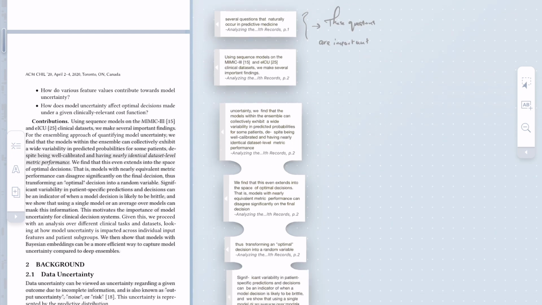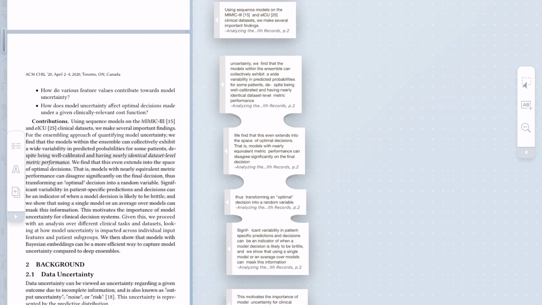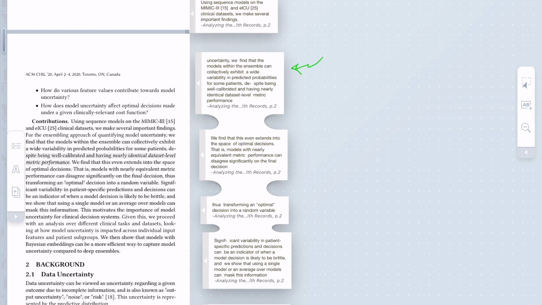So they use MIMIC-III and eICU, two publicly available EHR datasets. And they find that models within an ensemble can collectively exhibit a wide variability in predictive probabilities, which means that, okay, you have different models in an ensemble that reach roughly the same amount of performance metric over the entire dataset, but they are different when it comes to model uncertainty.